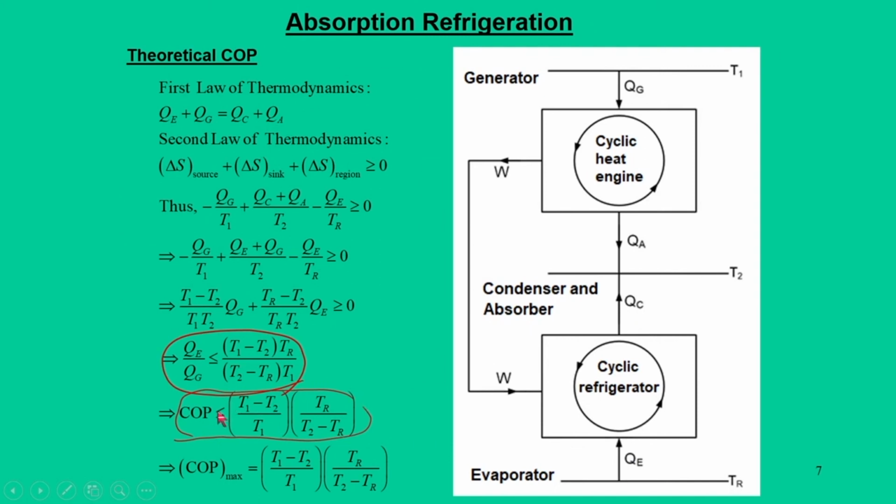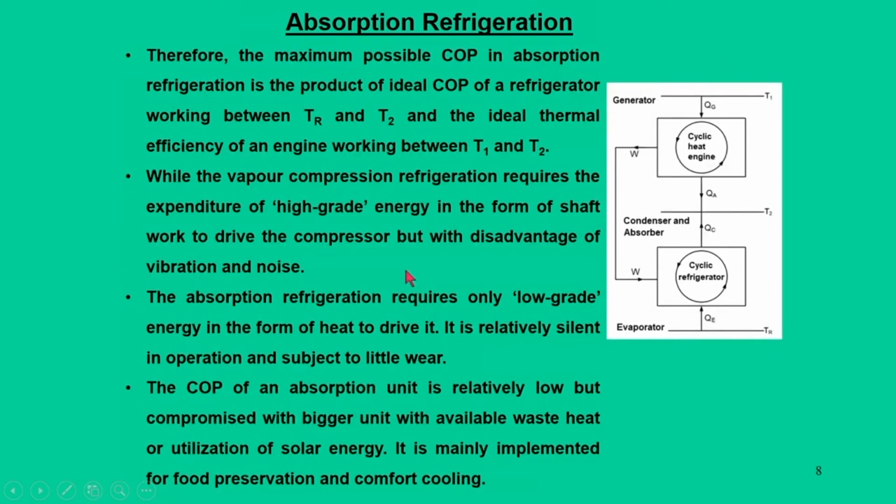When you remove the inequality sign, we can obtain the maximum COP of a vapor absorption system, which is nothing but the efficiency of a system operating in a Carnot cycle, or Carnot efficiency, multiplied by the Carnot COP of that cyclic refrigerator.